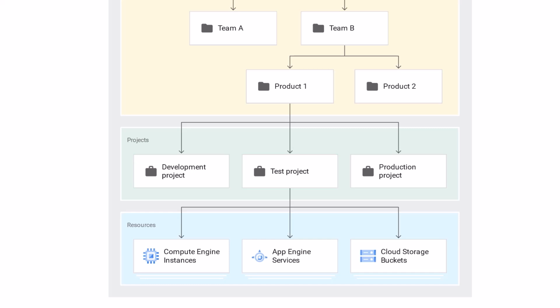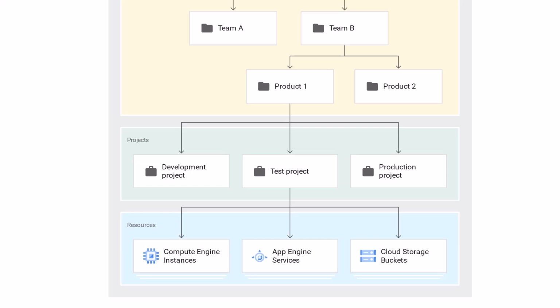A project resource is required to use Google Cloud. It forms the basis for creating, enabling, and using all Google Cloud services, managing APIs, enabling billing, adding and removing collaborators, and managing permissions.